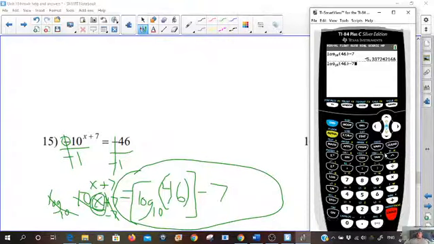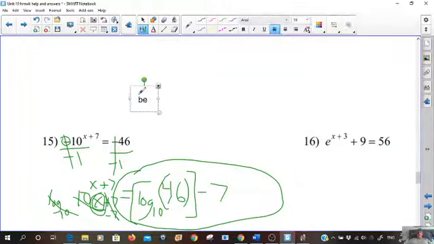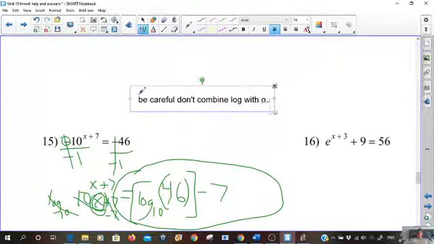If you would have accidentally combined the 46 with the 7, 46 minus 7 is 39, then you would have got a wrong answer. 1.59 is not the right answer. It's negative 5.337. So just be careful. Don't combine log with an outside number.